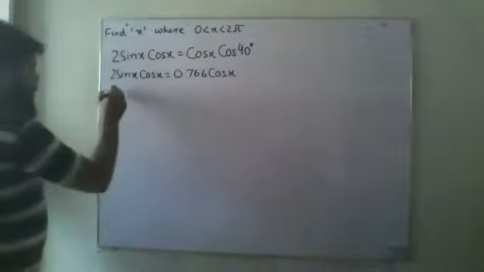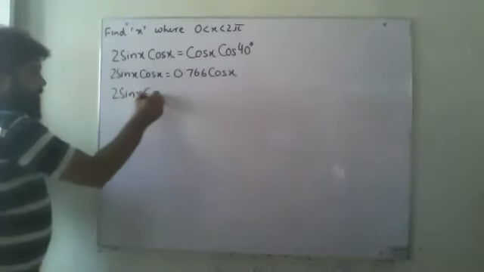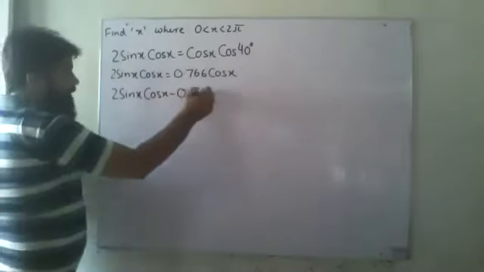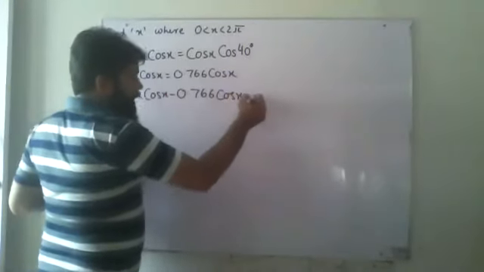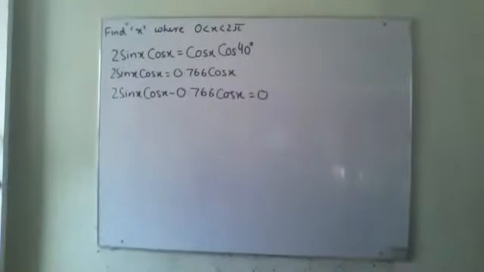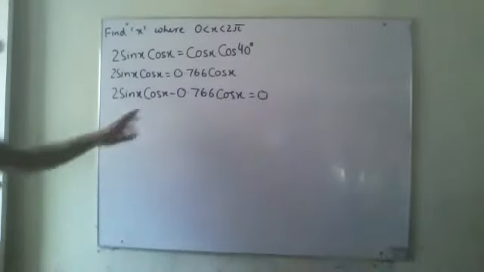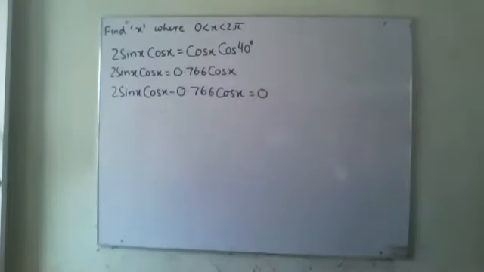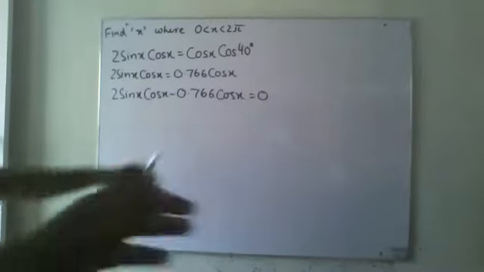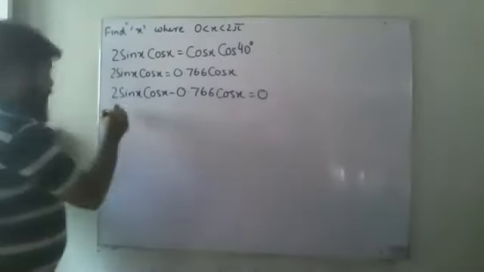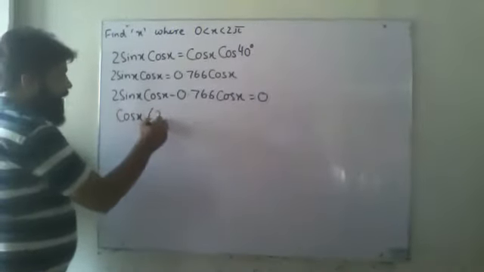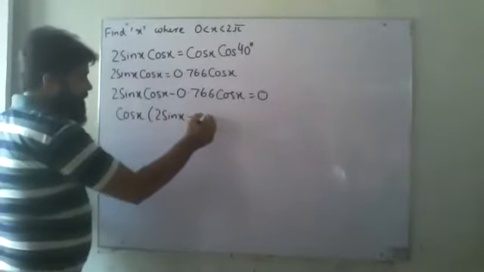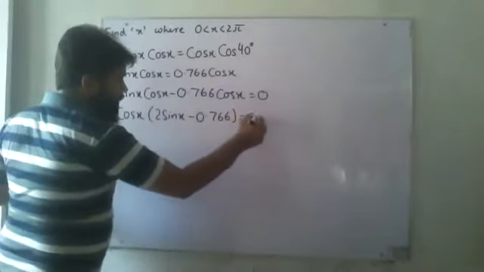How will I safeguard this one? 2 sine x cos x minus 0.766 cos x equals 0. Now cos x is common in both of them, so I will take cos x common and simplify. Cos x taken common, it becomes 2 sine x minus 0.766 equals 0.